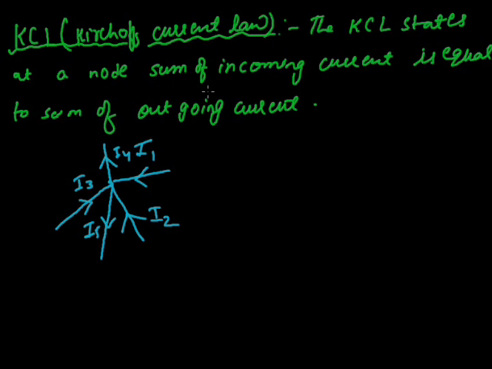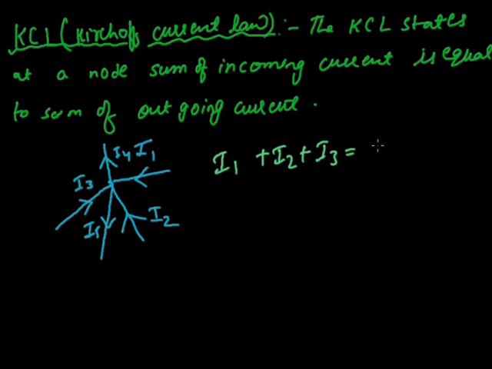From the above statement, we can write that I1 is incoming plus I2 is also incoming plus I3 is also incoming. Now we will see how many branches are leaving the node.